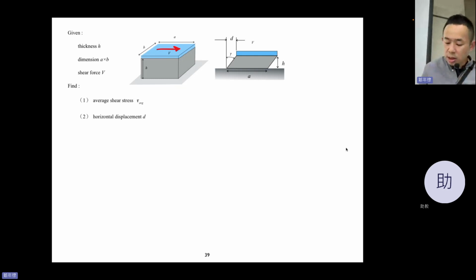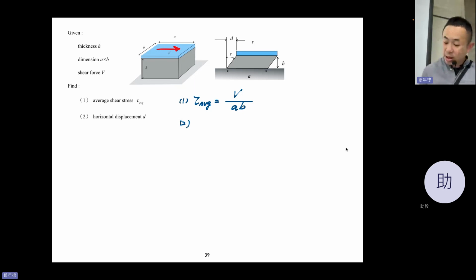Okay, so they ask for the average shear stress, tau average, easy, right? Your tau average is V divided by the area parallel to the force, A B. Okay, and that's it. This is the first one.